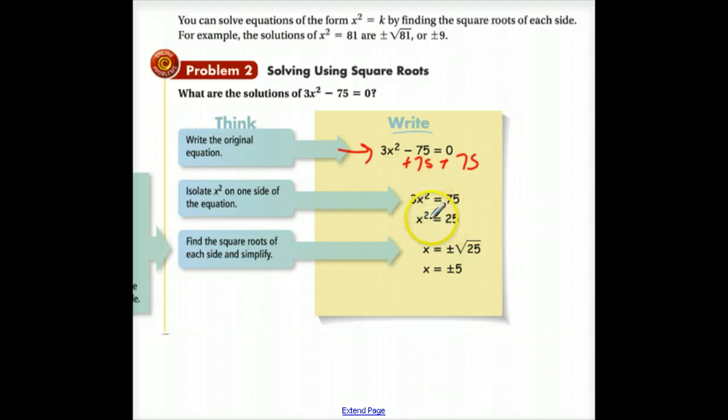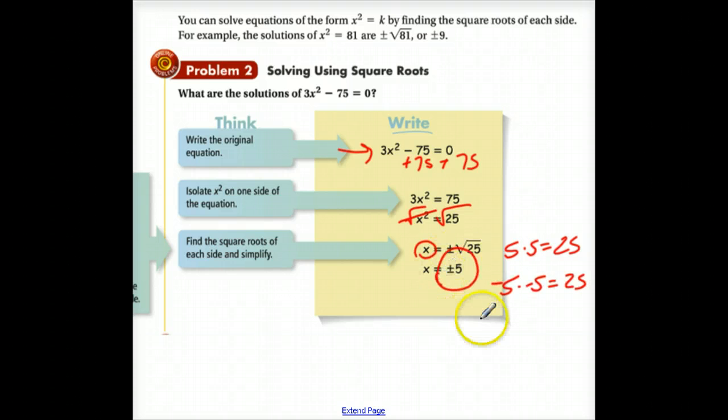To get rid of the square, if you square root both sides, the square is eliminated. I have just x. The square root of 25 can be either positive or negative 5 because 5 times 5 equals 25 and -5 times -5 equals 25. So we say both answers. This equation has two solutions, positive and negative 5.